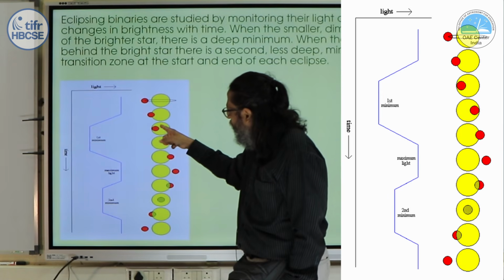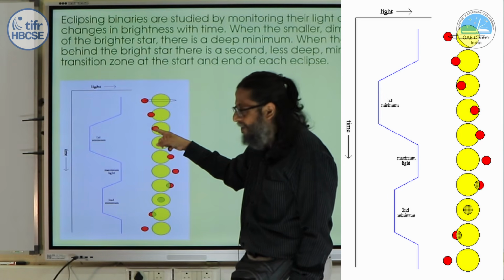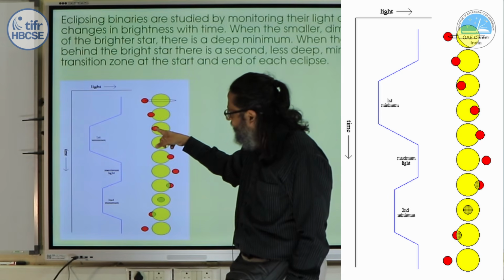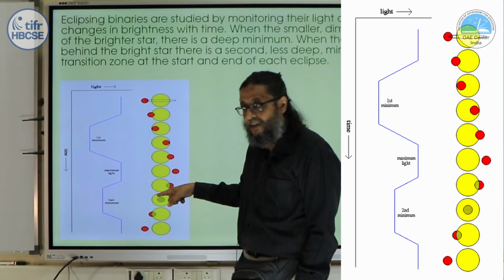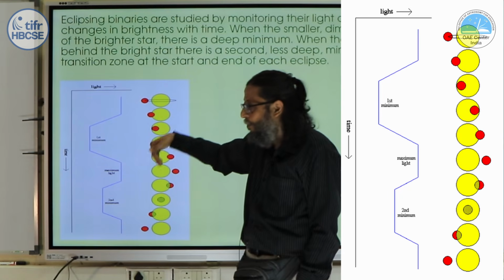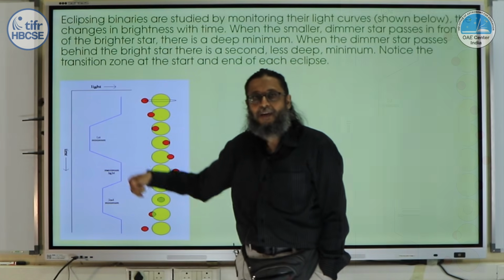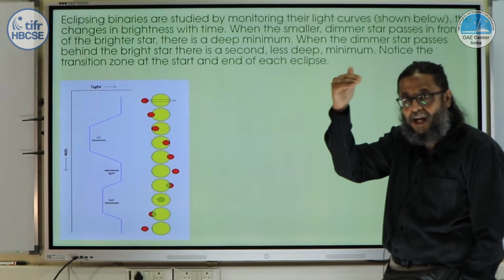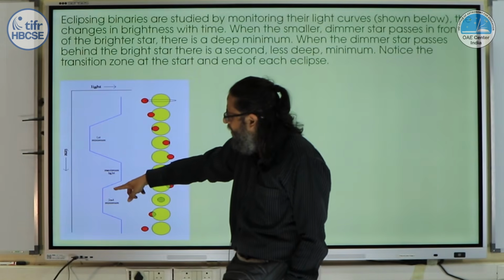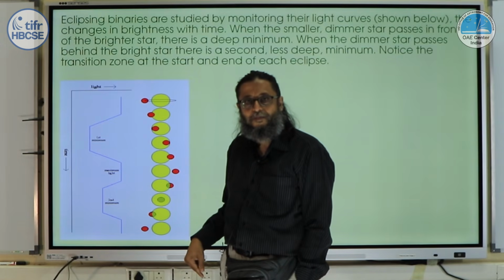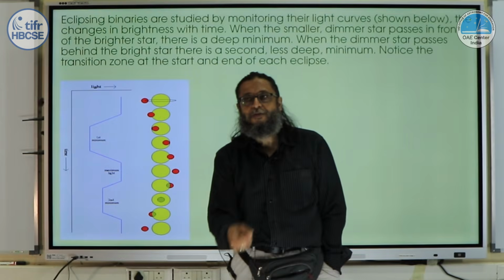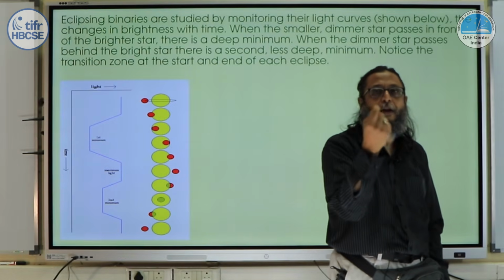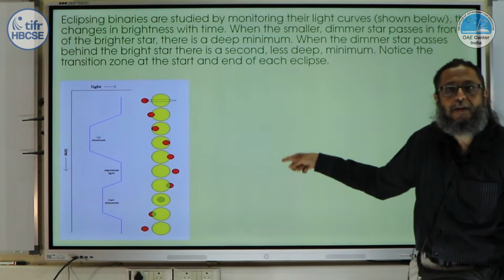And hence, although the amount of area that is getting blocked is same when this star is front or back, the amount of light that is getting blocked is different. And this causes the difference in the amount of light that you see when the eclipses occur. And this also gives a measure of the physical parameters of the binary star system.